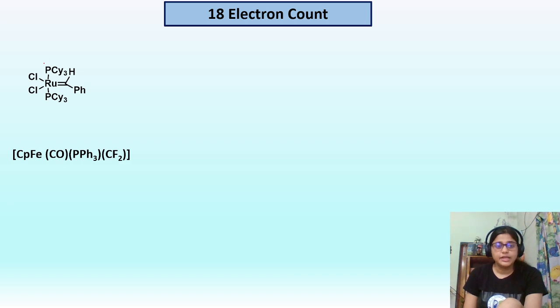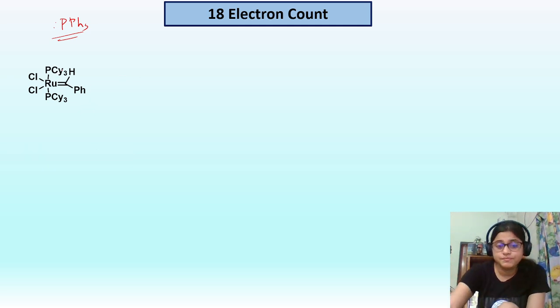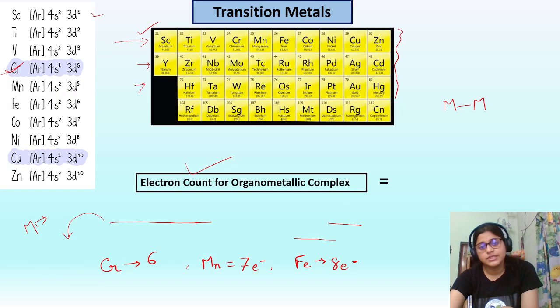See, a new kind of ligand, but we have to see the donor atom. P is the donor atom, it is like PH3, right? So contribution will be obviously 2. Fine. And ruthenium is in which group? See here. Where is ruthenium?